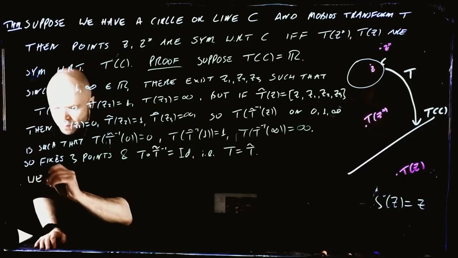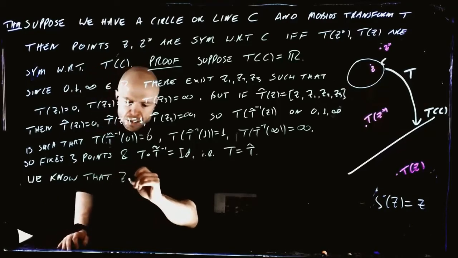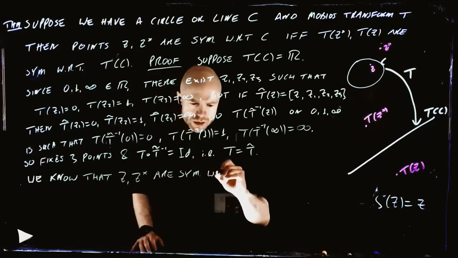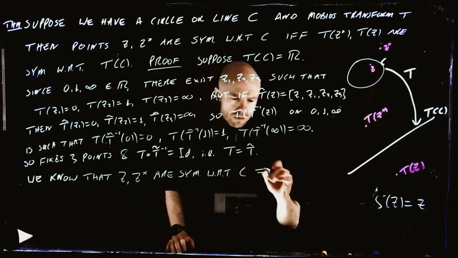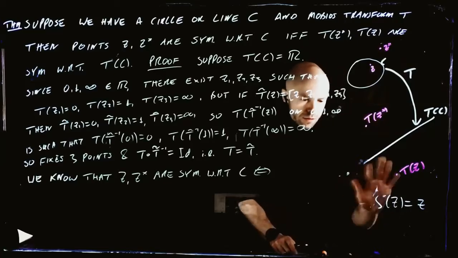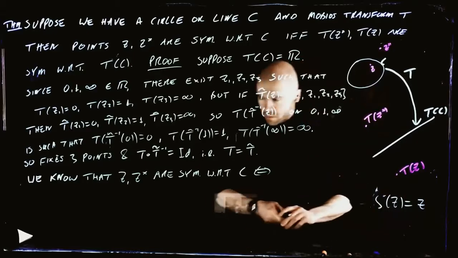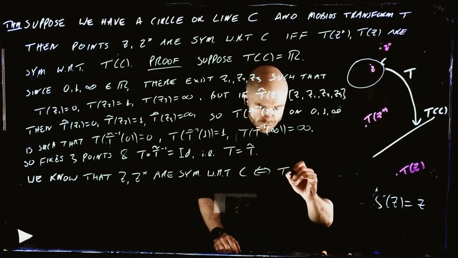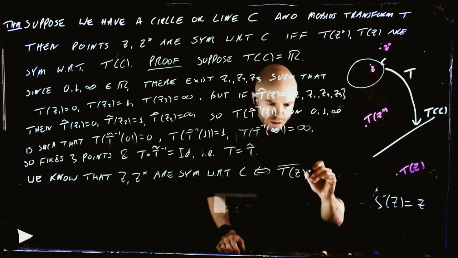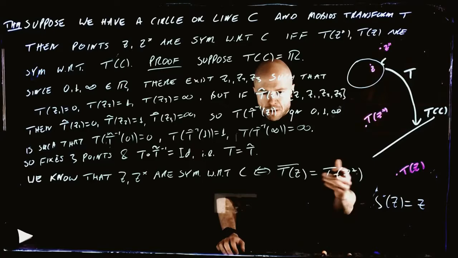So we know that Z and Z star are symmetric with respect to C if and only if, when we do this thing, T of Z bar equals T of Z star. That's what we learned last time.